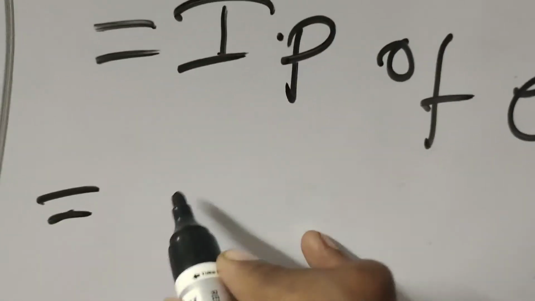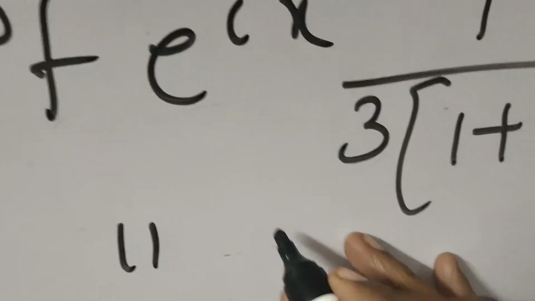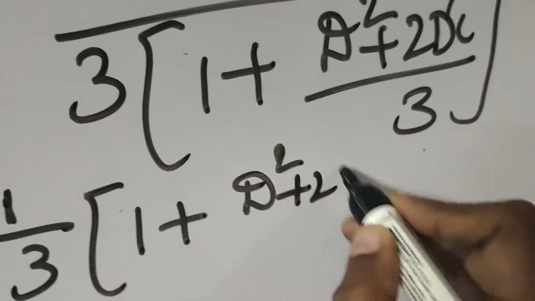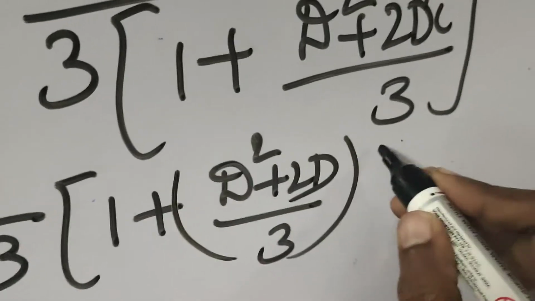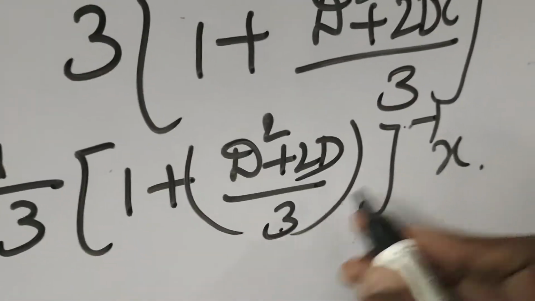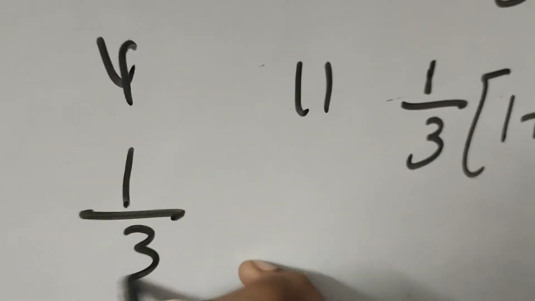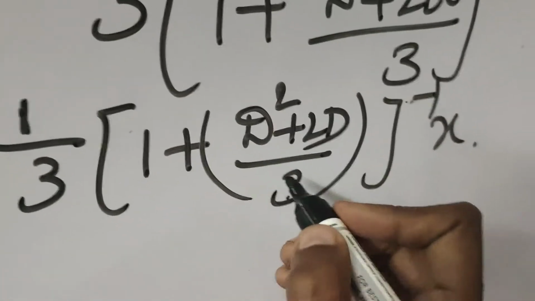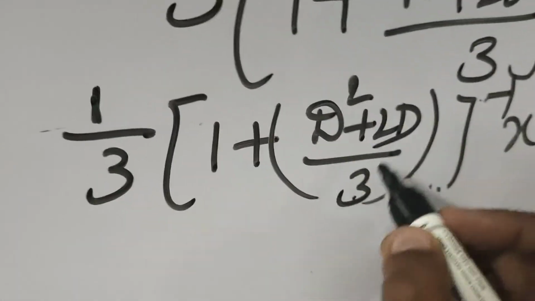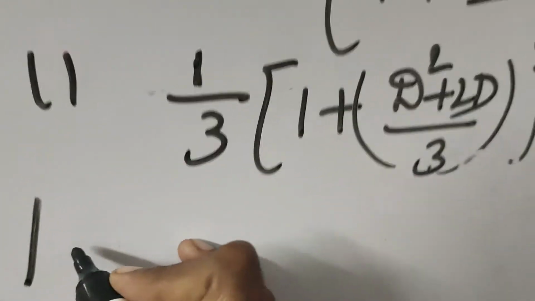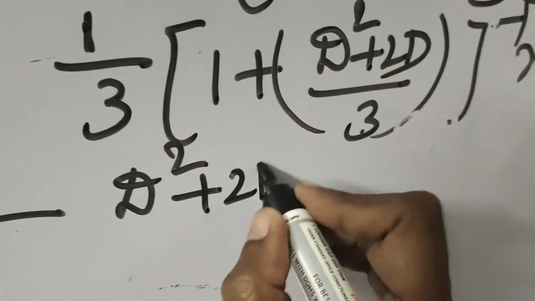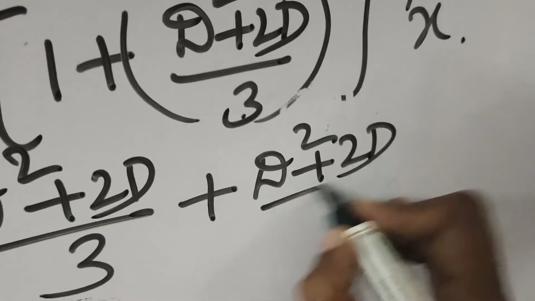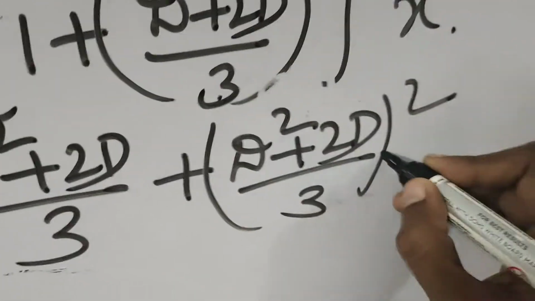Applying the formula, that is 1 by 3 into (1 + θ)^(-1), where θ is (D² + 2Di)/3, equal to 1 - θ + θ² - and so on.